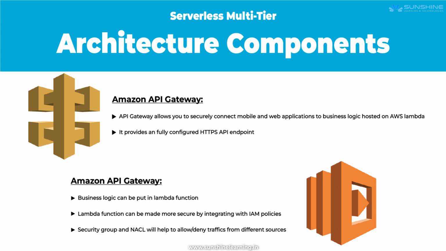Now, when we talk about the serverless multi-tier architecture components, we have an API gateway on AWS through which the API calls can come. And then we have Lambda, where we can deploy the code on the Lambda functions and get the desired result without running any kind of server.